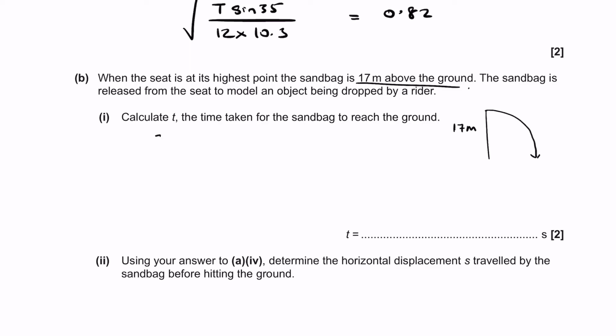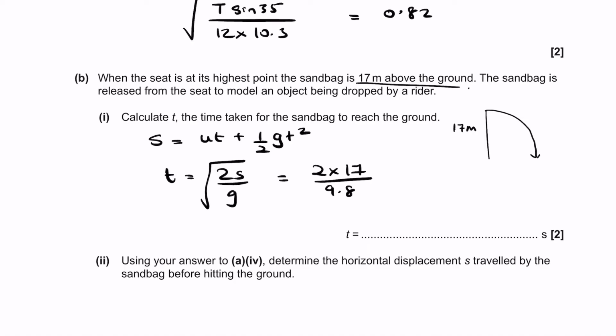So I'm going to use SUVAT: s equals ut plus half gt squared, and over here u is 0, because the sandbag isn't moving with respect to the seat. So t is the square root of 2s over g, so 2 times 17 over 9.81, and that gives me an answer of 1.9 seconds.